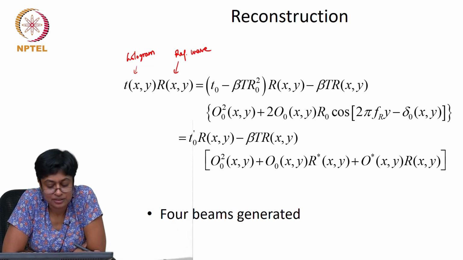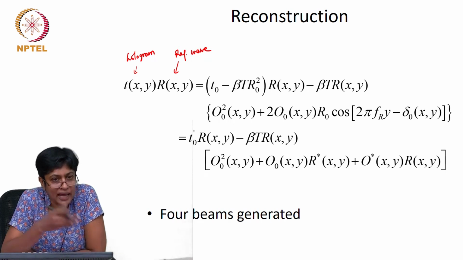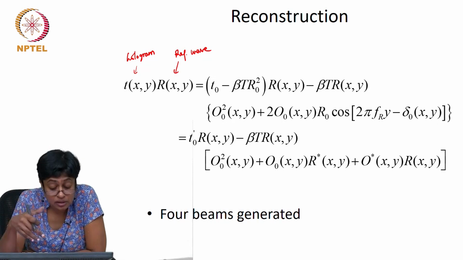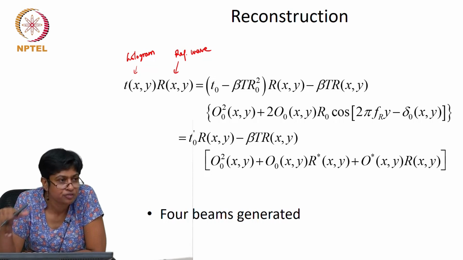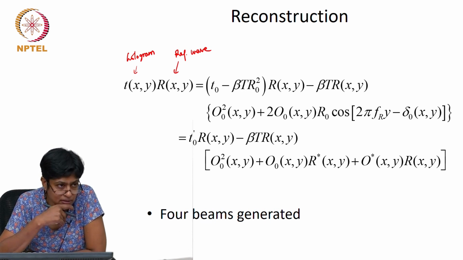It's just taking the transmittance and multiplying it by the reference wave, and since the transmittance has every term of the interference pattern in it, the resulting transmittance has a number of different terms in it. It's not a single term. It turns out, in fact, there are 4 terms.